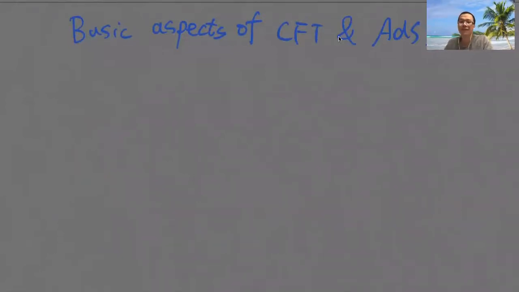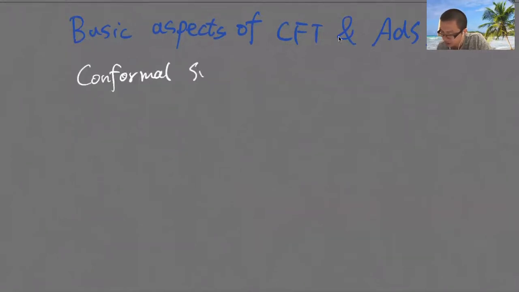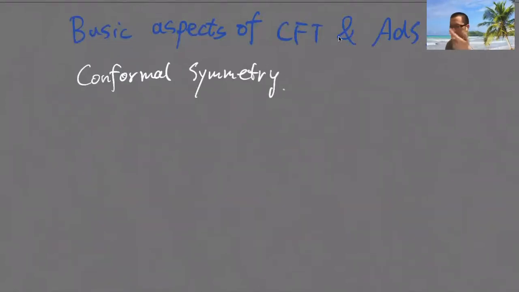So conformal field theory is a quantum field theory that is conformally invariant, and conformal symmetry acts on the space-time coordinates, sending x to x prime. What it does is that it leaves the metric invariant up to an overall factor.